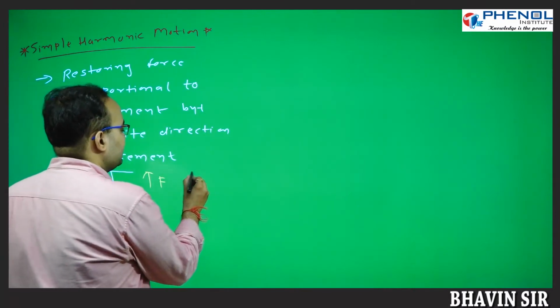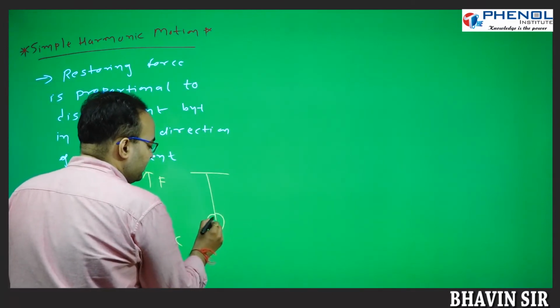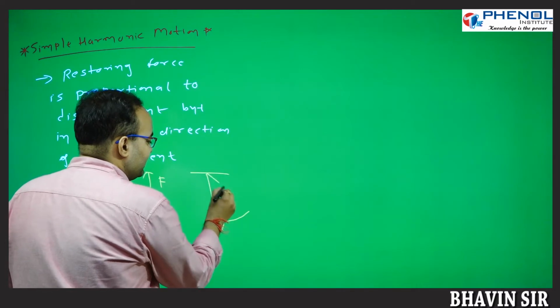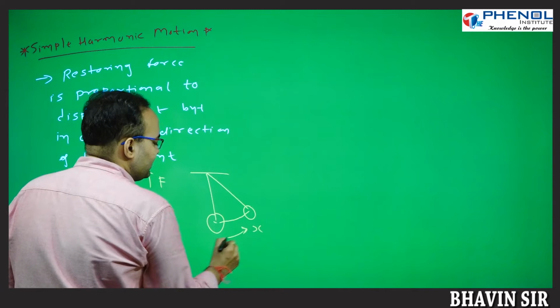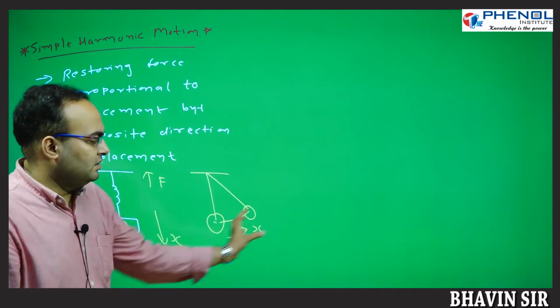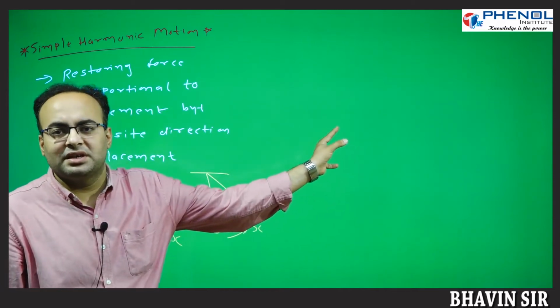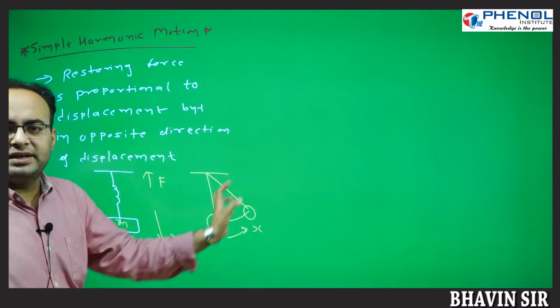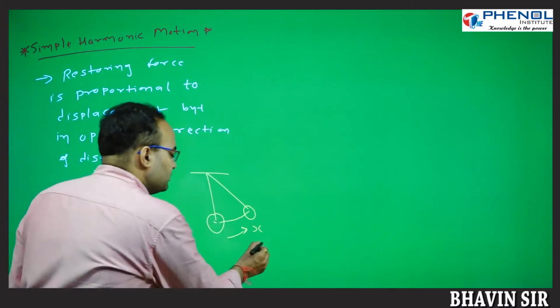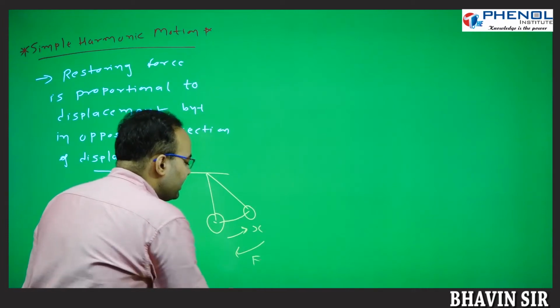So same like in the case of pendulum, suppose displacement in this direction, this is the direction of displacement, then when pendulum is released, restoring force acts towards the mean position. So pendulum oscillates like that. Okay, so this is the restoring force in a pendulum.